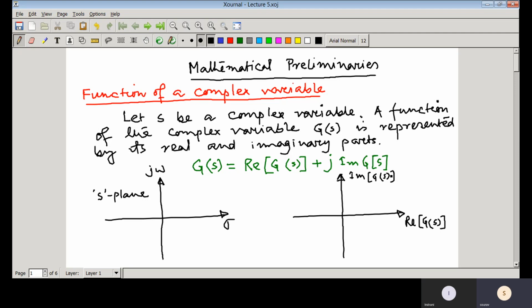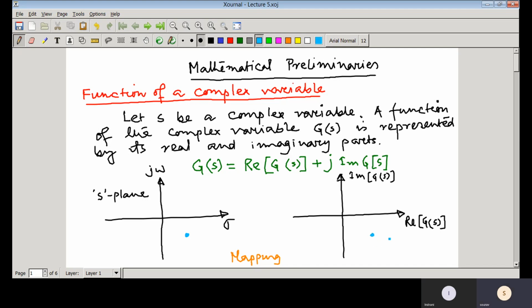Now if you take any point here in the s plane, and you would like to map it through G(s), what will you get?